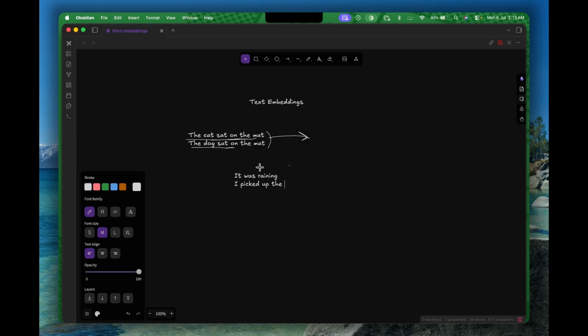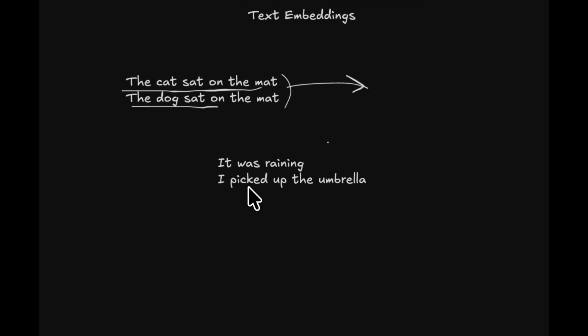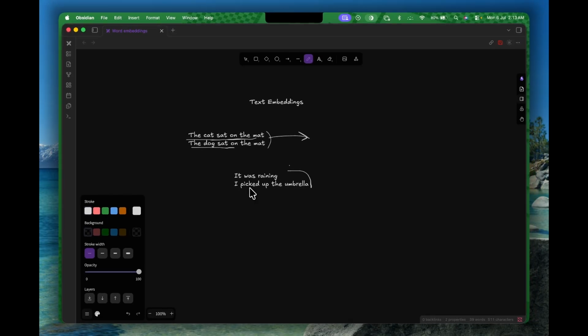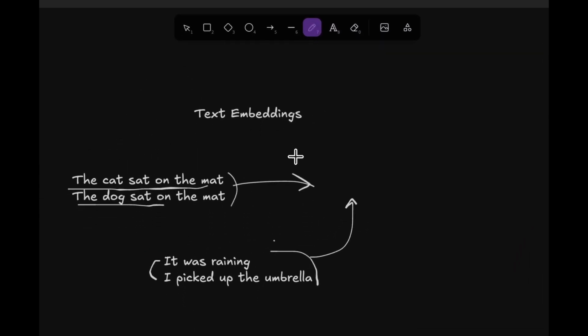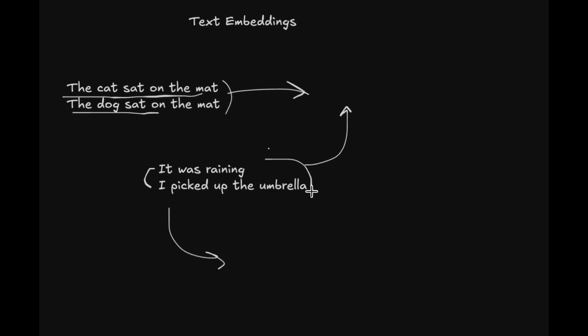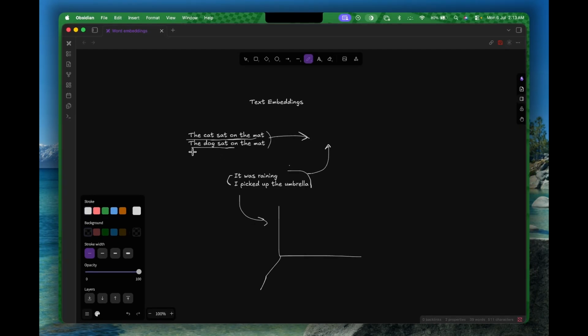Or you can think of something like: it was raining, and I picked up the umbrella. These two are pretty close sentences. A computer does not understand strings.